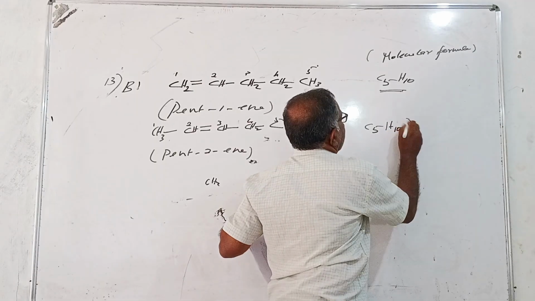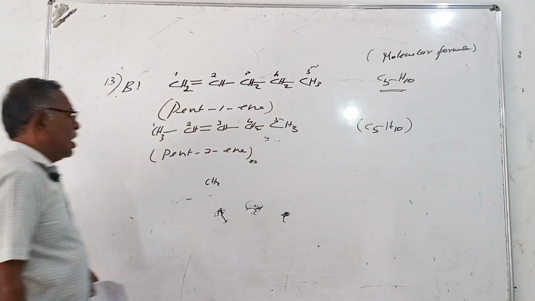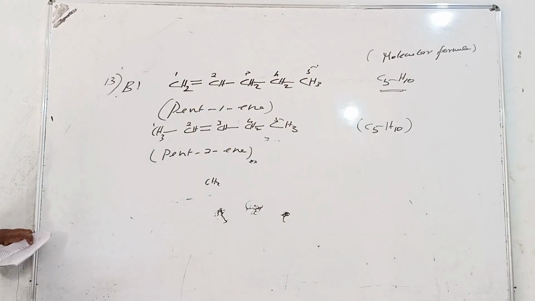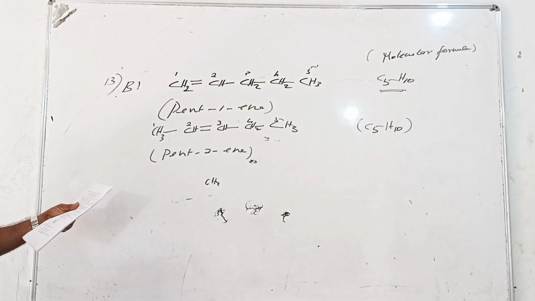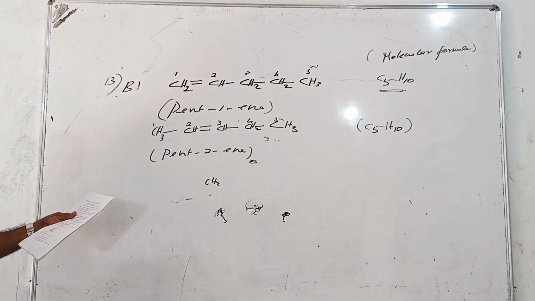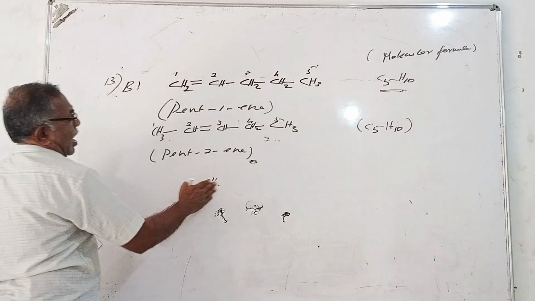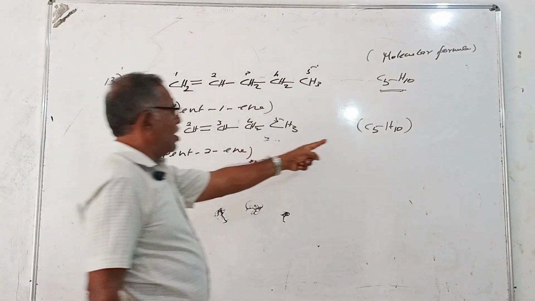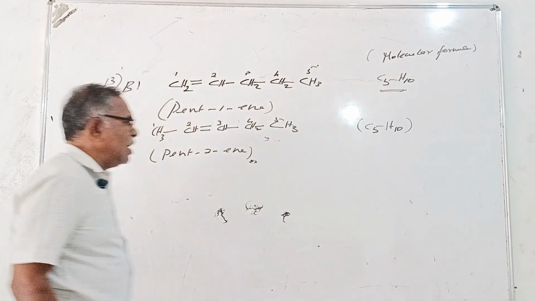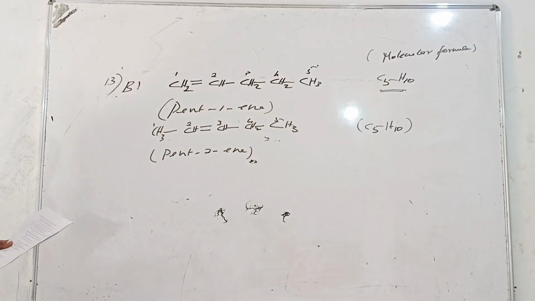In another question they asked: write the structural formula of another unsaturated hydrocarbon having molecular formula C5H8 and its position isomer. Since the molecular formula is C5H8, it must be an alkyne. In alkenes it is C5H10 with a double bond, and in alkynes it is C5H8.